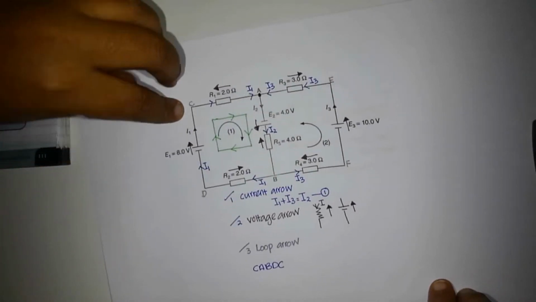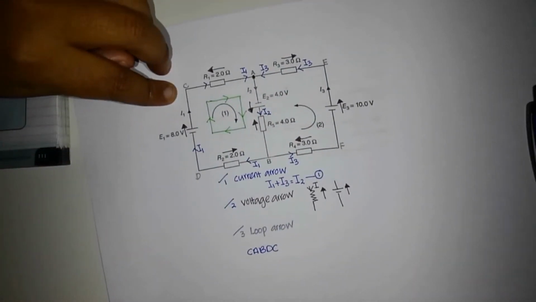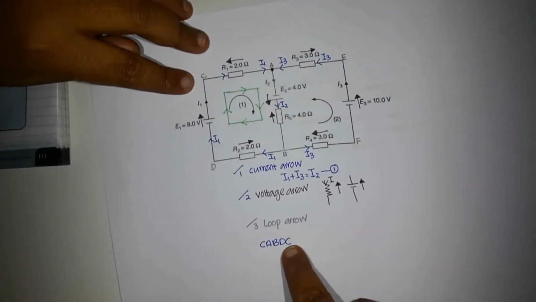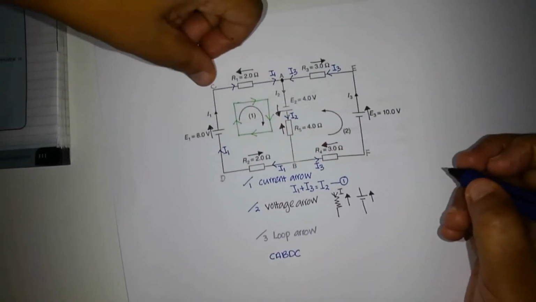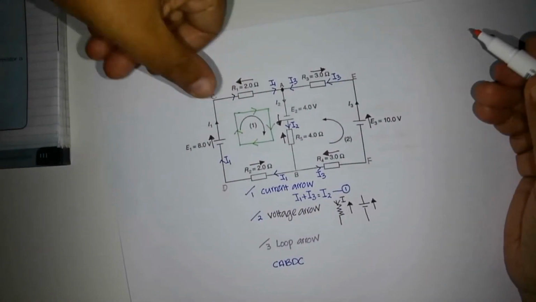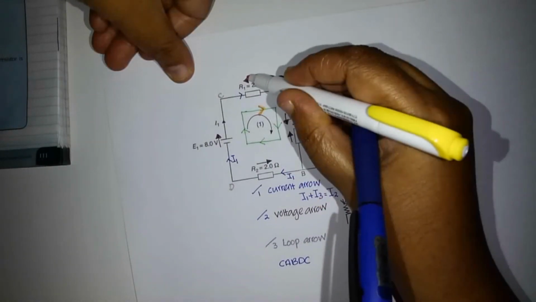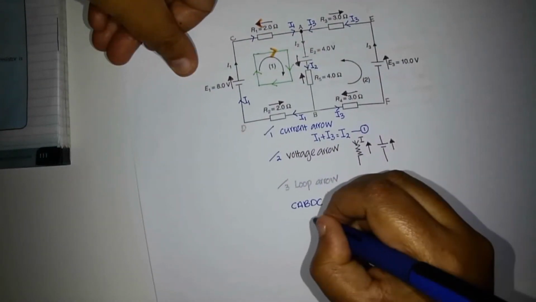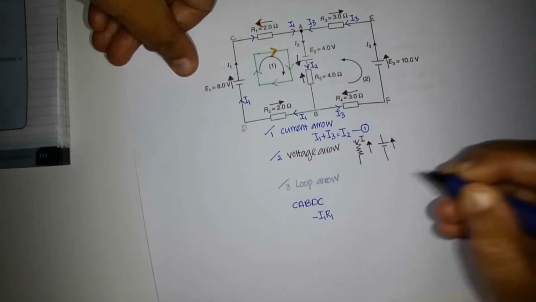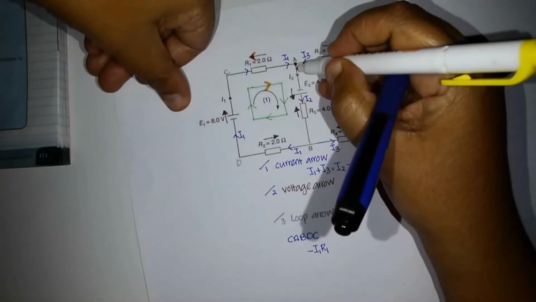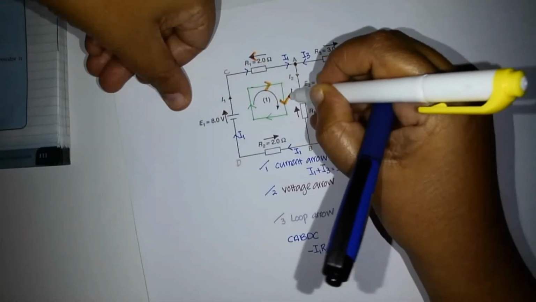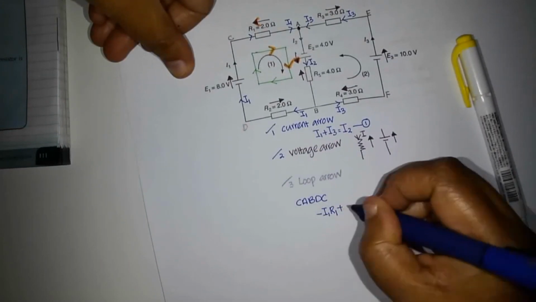So I start from C. I try to get the two equations for the two loops. I'm starting with the first loop, C, A, B, D, C. From the first one, I follow and realize it's the opposite direction, so it will be negative I1 R1. Then it comes here, the direction is the same, so plus E2.